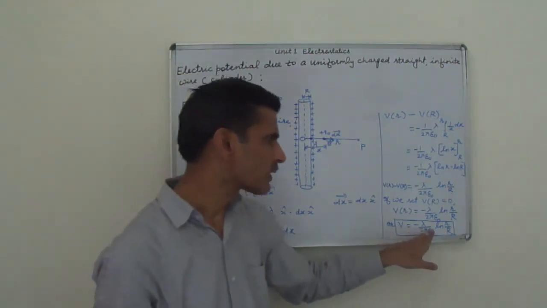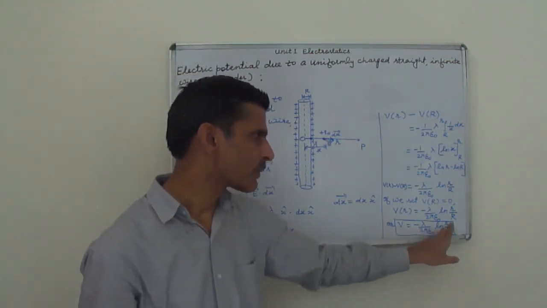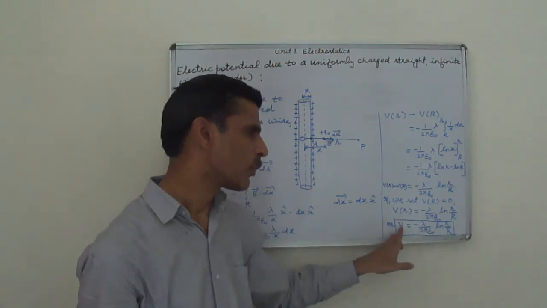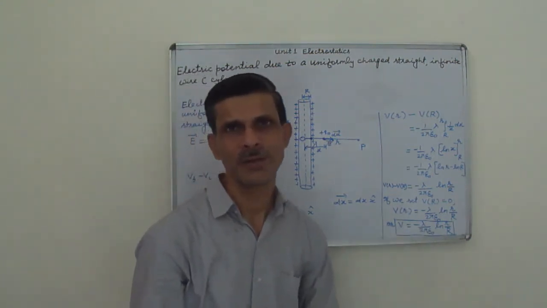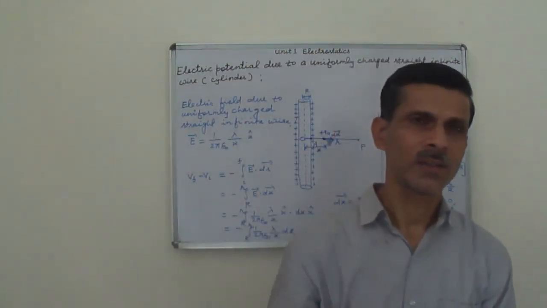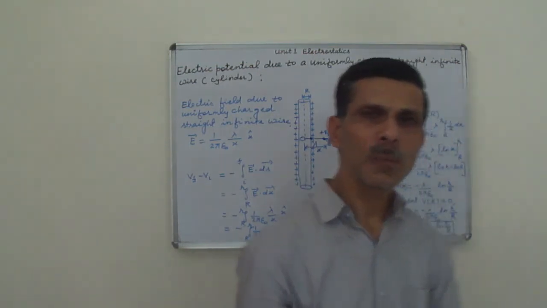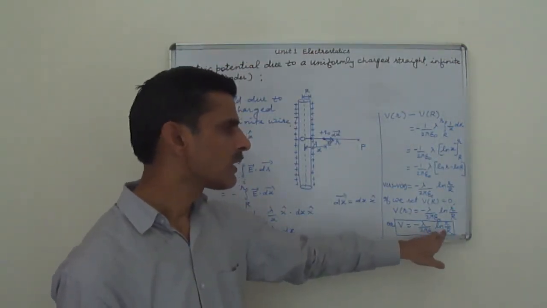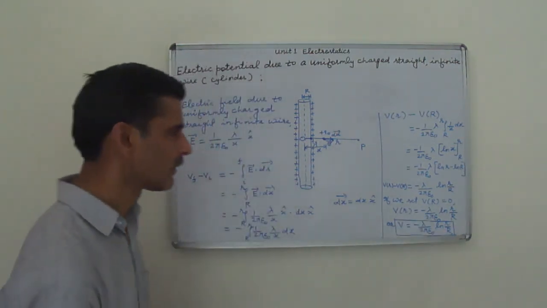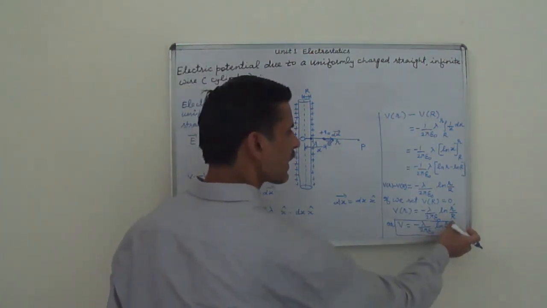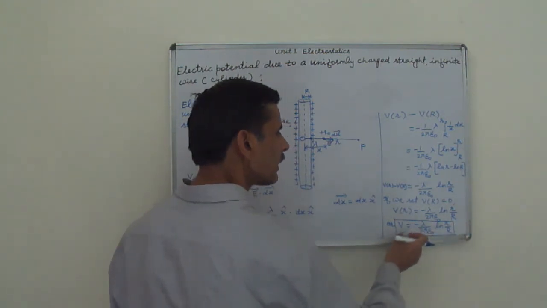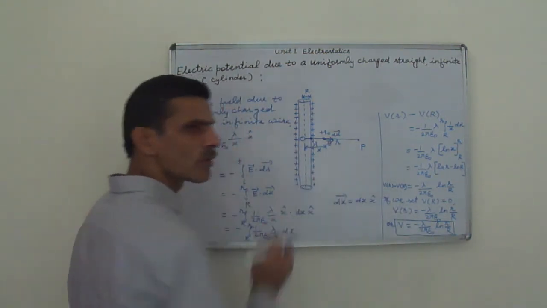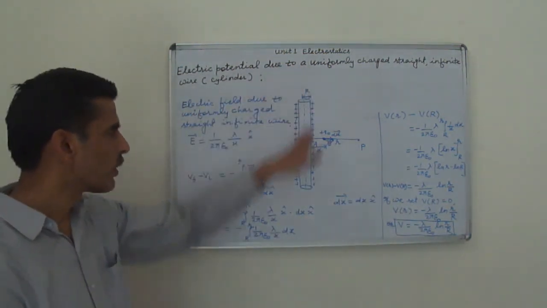From this relation you can see if this small r is constant, then potential is constant. So in this case the equipotential surface is cylindrical. If this small r is constant, then V will be constant.